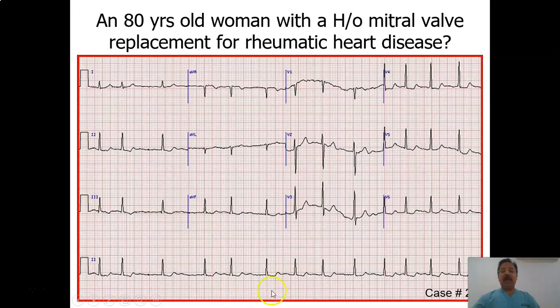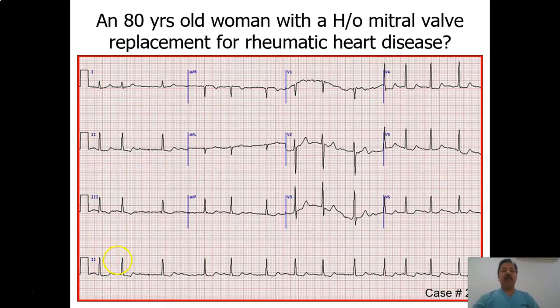As there are no markings on the ECG, the first 6 seconds is equal to 30 big boxes. Let's count the 30 big boxes starting from here: 1, 2, 3, 4, 5, 6. Till here, these are the 30 big boxes. And see how many R intervals there are here: 1, 2, 3, 4, 5, 6. 6 times 10 is 60, which is your heart rate.